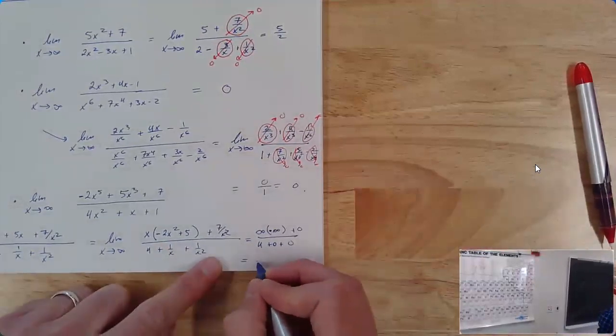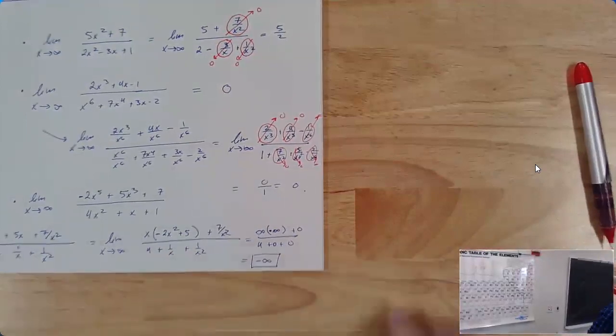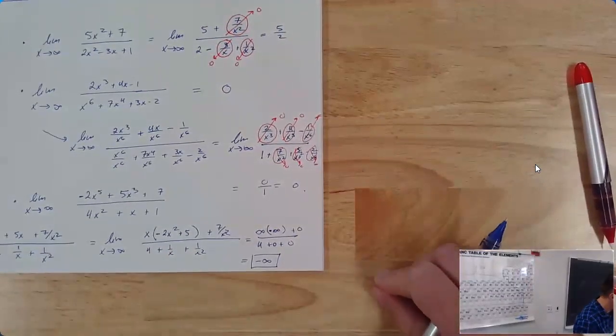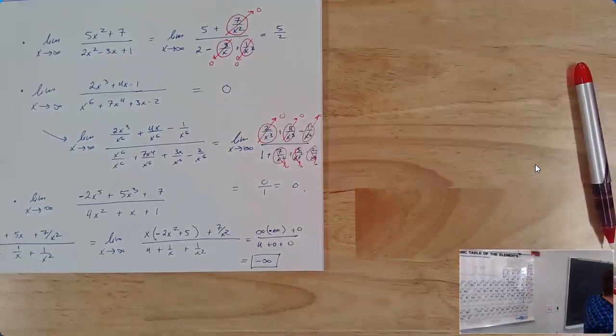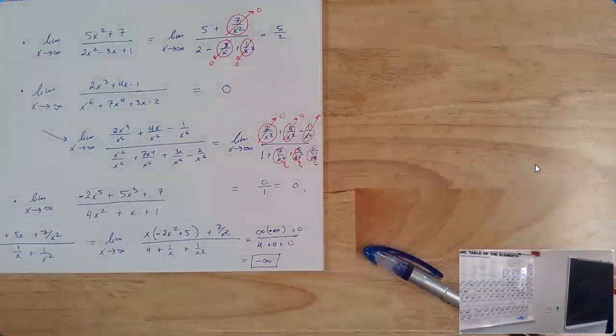Basically, you're just trying to figure out what the sign of this infinity is. So this rational expression, to the right anyway, is going towards negative infinity. The left would be going to positive infinity. So if you were to find the limit as x goes to negative infinity of this, you would end up getting a positive infinity as a result.